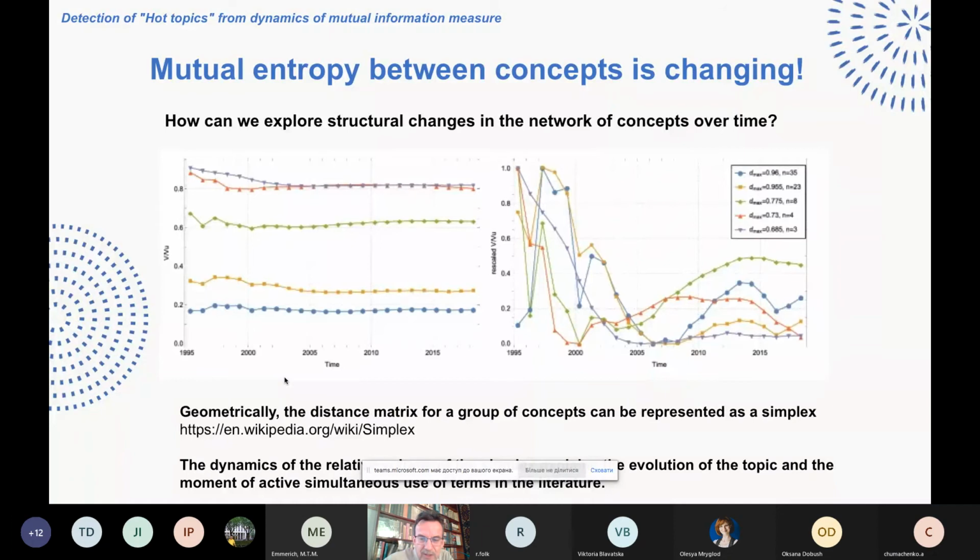And the null hypothesis was that either a new concept appears or a new link between old concepts appears. Yeah, either it is a new concept, or some old concepts are linked together, used together in the same text. And I sent to all of you in the chat the link to the preprint on this topic.